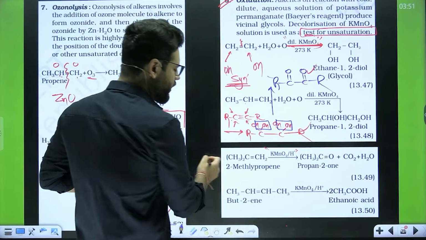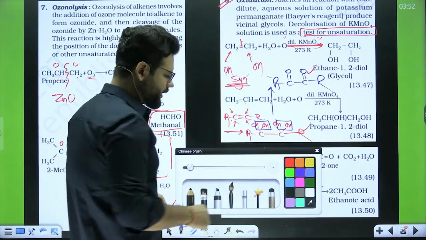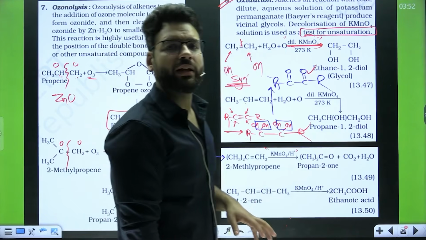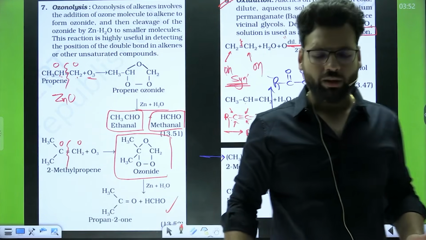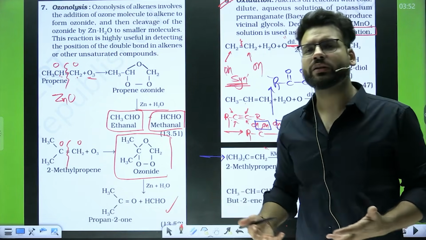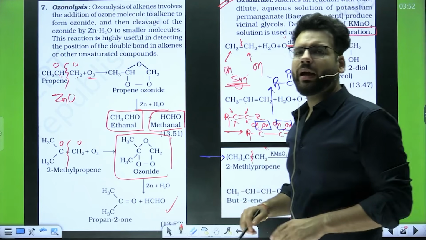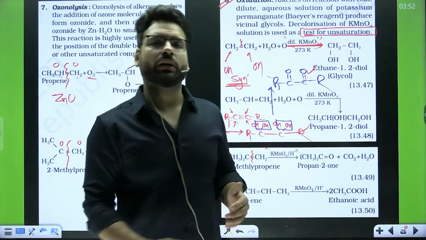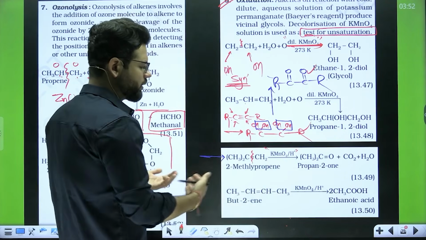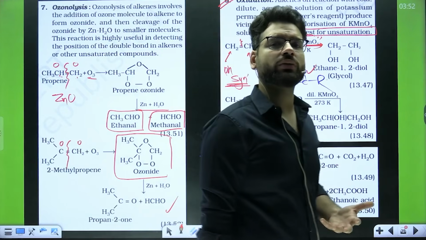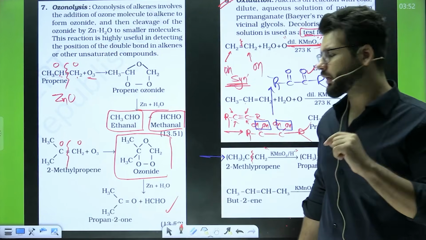But when you take concentrated hot acidified KMnO4, the reaction takes place with more vigorous oxidation. It will break all the bonds and oxidize the two side alkyl groups to either aldehyde, ketones, carboxylic acid or CO2. You can see here carefully.